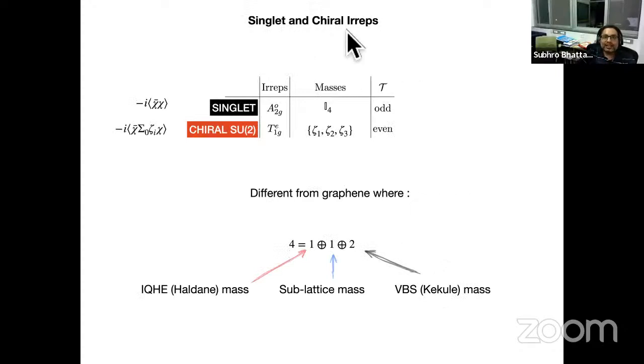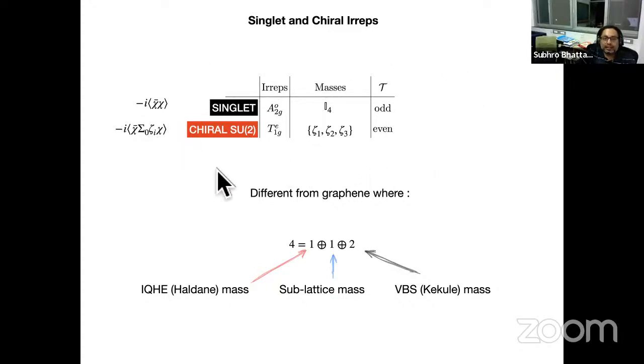So, for example, for the singlet and the chiral irreps, which are sort of diagonal in the SU4 space, the singlet irrep is one-dimensional and time reversal odd, whereas the chiral irrep is a triplet, which is time reversal even.